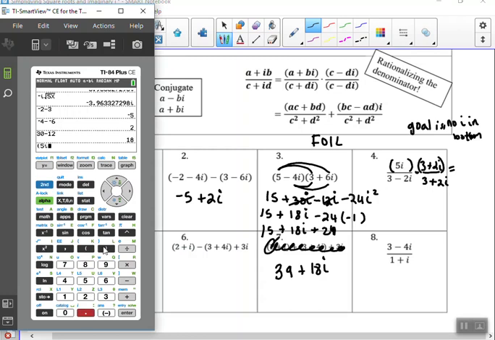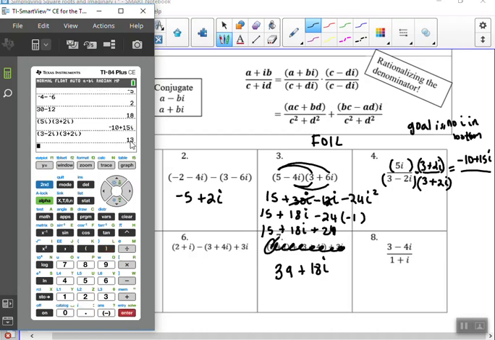It should give me my answer, negative 10 plus 15i. And then divided by, let's see what I get in my denominator: 3 minus 2i and then 3 plus 2i.